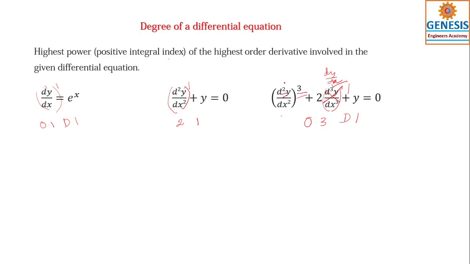So first you have to fix the order, and the positive integral index of that highest order derivative will give us the degree of the differential equation. So in this case you cannot decide on this one because here it is only dy by dx.